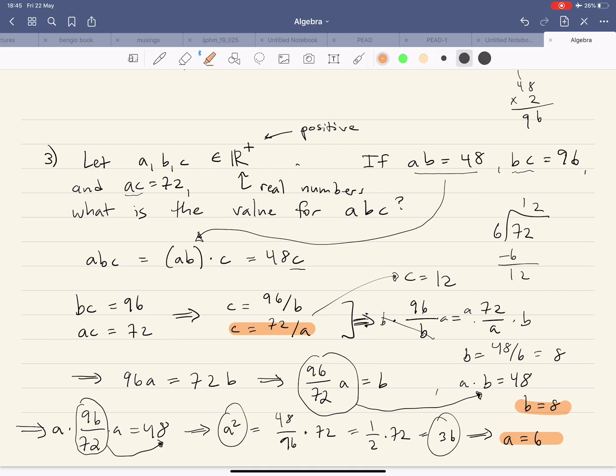So I have, really, I just need to do 48 times 12, right? ABC is going to be 8 times 6, which we already established was this 48, times 12. I don't know what that is off the top of my head, but we do know that 48 times 2 is 96.